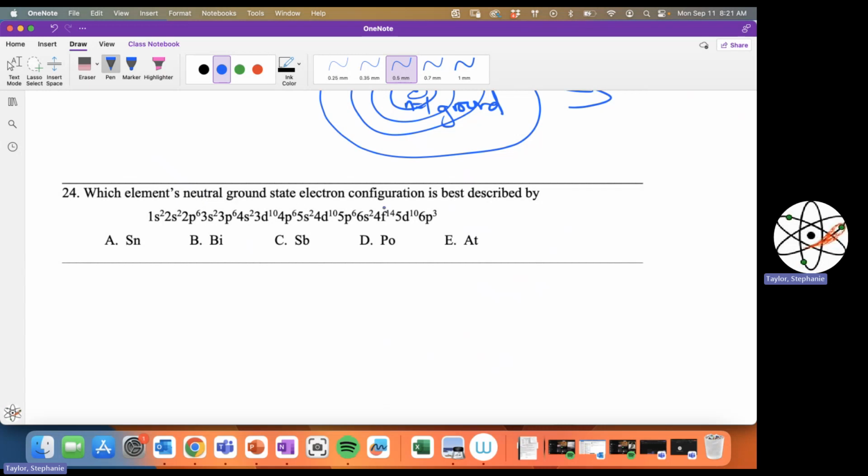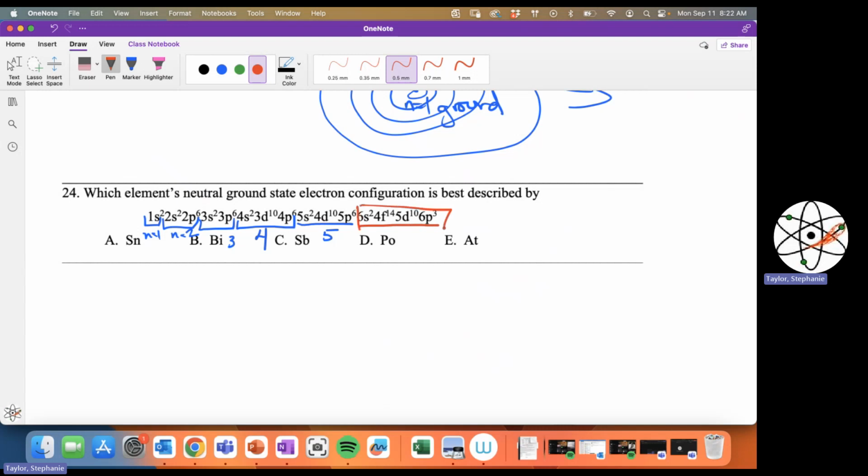Which element's neutral ground state electron configuration is best described by? A lot of this is written out, but we're going to try to find it. Here is n equals 1, here's n equals 2, 3s, 3p, that's 3, 4s, 3d, 4p, that's 4, 5s, 4d, 5p, that's 5, and 6s at the end: 6s, 4f, 5d, 6p.